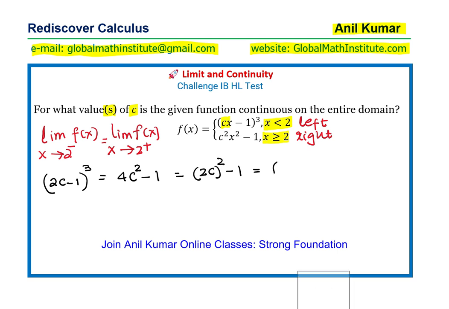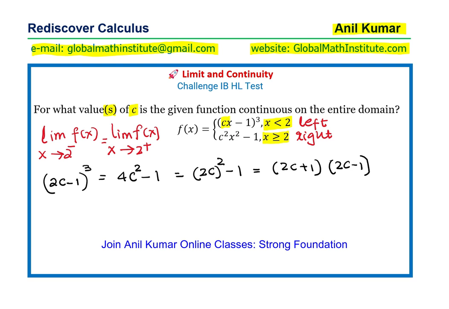So you could factor and write this as (2c plus 1) times (2c minus 1). You get an idea. Now 2c minus 1 is a common factor on both sides, right? That should really help you to solve this particular question. I will request you to pause the video, answer it further, and then check with my solution.